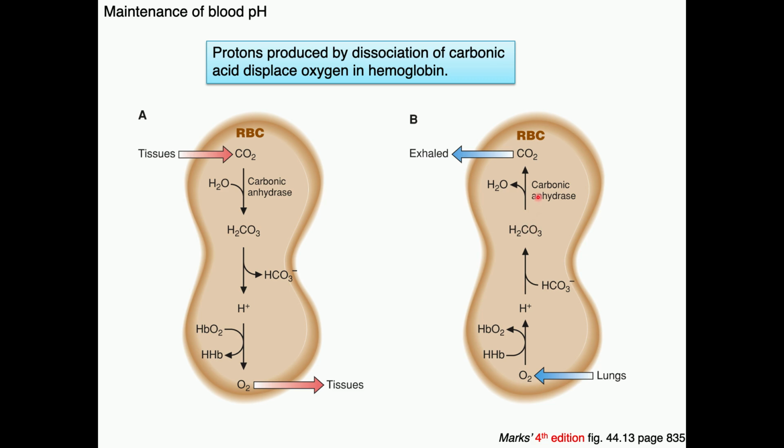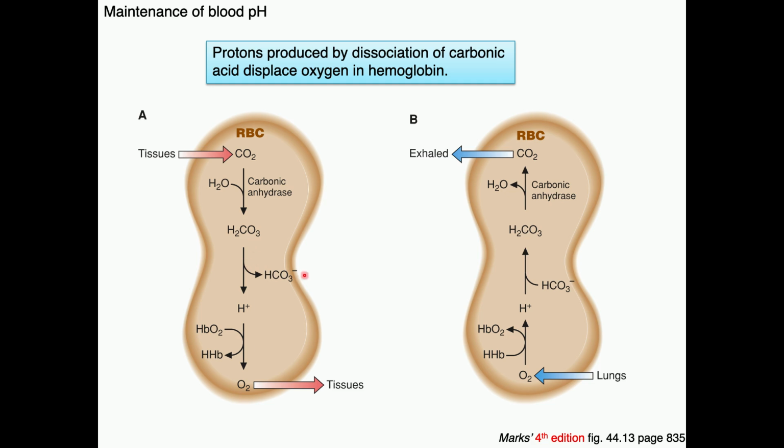Then the carbonic anhydrase reaction, which is reversible, will generate carbon dioxide, which is exhaled. Okay, so this is the basics of how we can get oxygen from our lungs into the tissues and then get carbon dioxide from the tissues into the lungs to be exhaled.